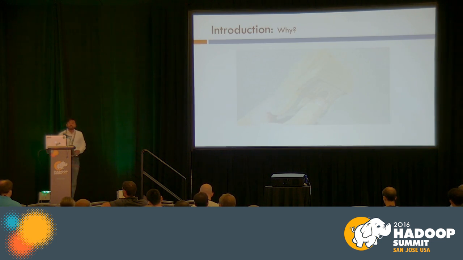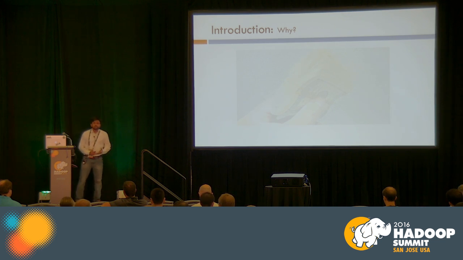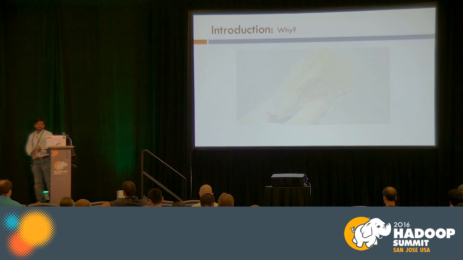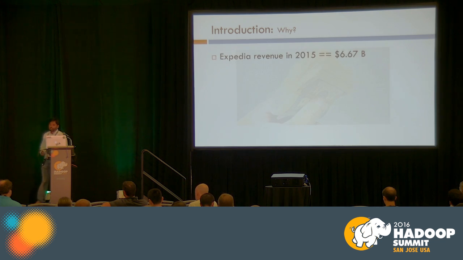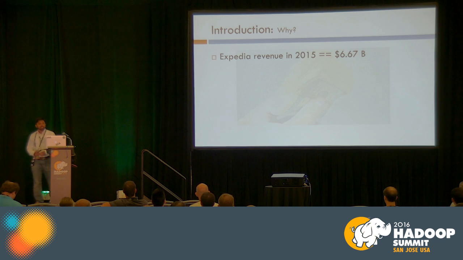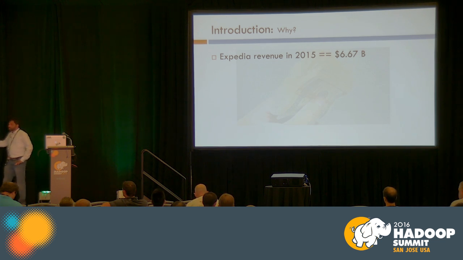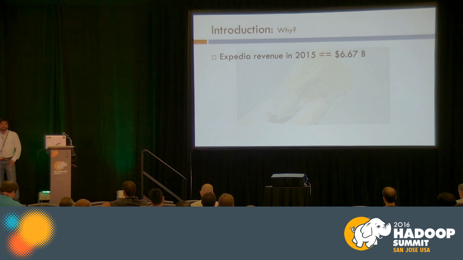All right, introduction. Why is zero downtime for your apps very important? Let's talk the language that everybody universally understands. Money talks, and everybody knows that. A random example, Expedia. The reason I picked Expedia is that most of their revenue is driven from their customer-facing website.